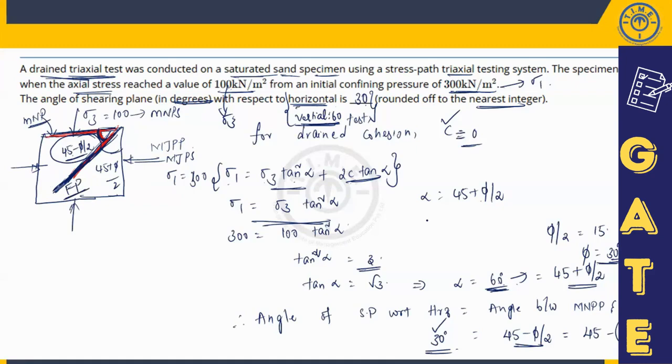Failure plane. Very good, Janani. Thank you. FP failure plane, SP shearing plane. Shearing plane or failure plane, both same. Shearing plane and failure plane both are the same. This one only.